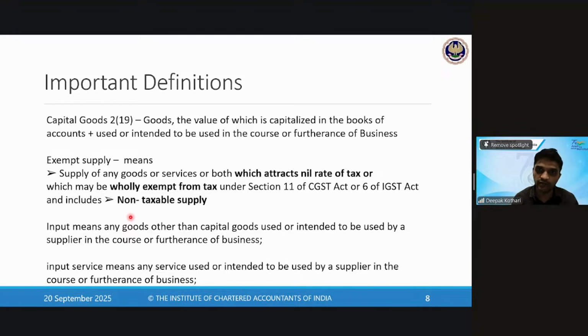And similarly, input services means any services, not a list saying that chartered accountant services, lawyer services, only these are your input services, others are not. They have not given any list. They've said that any input services means any service, as you can see, any goods like that, any services which is used or intended to be used by a supplier in the course of furtherance of business, they are input goods and they are input services.